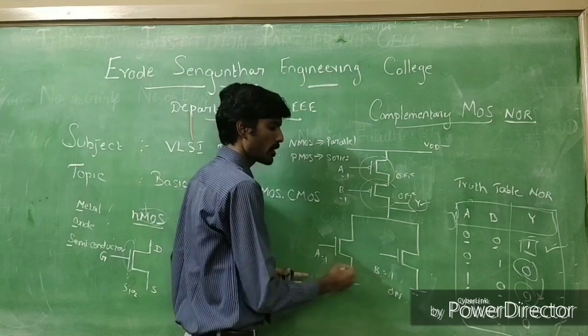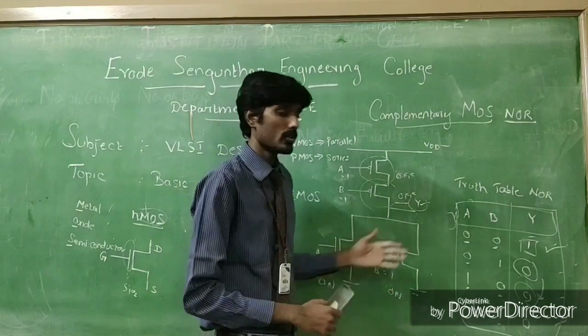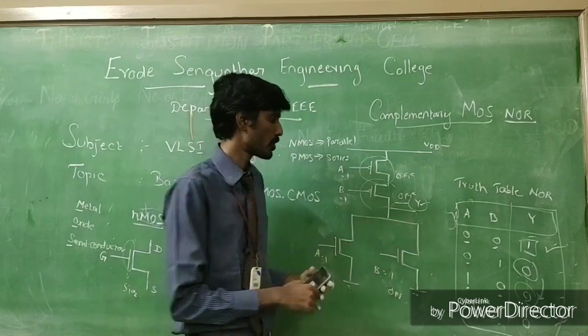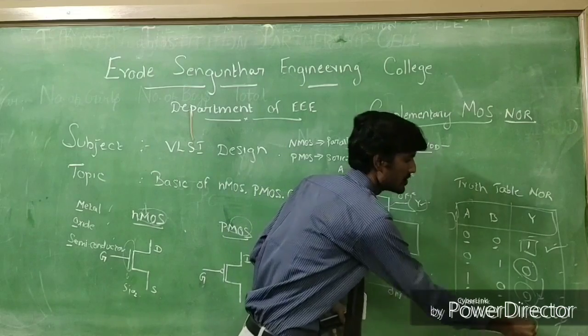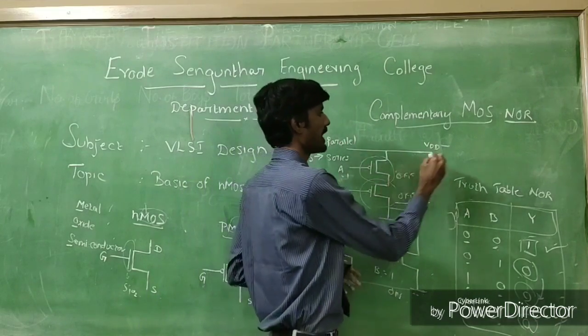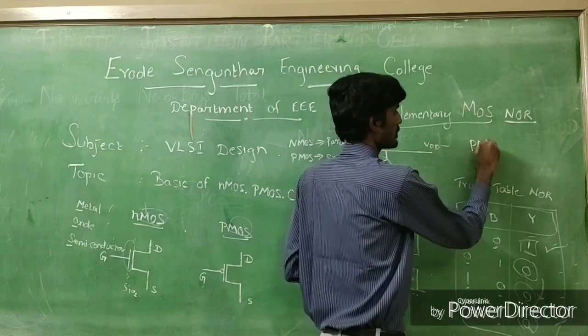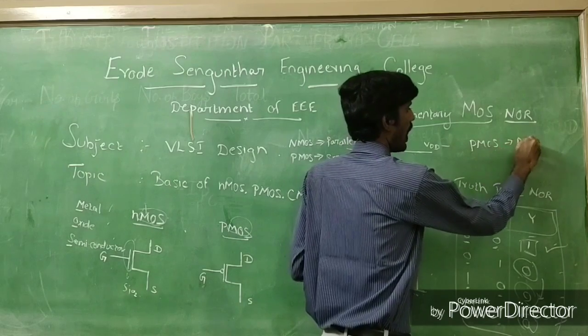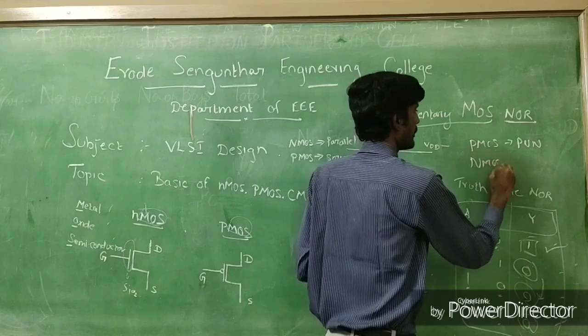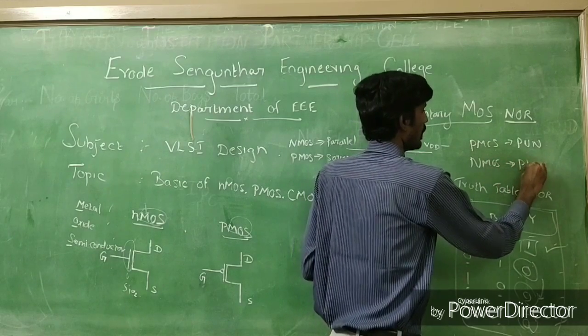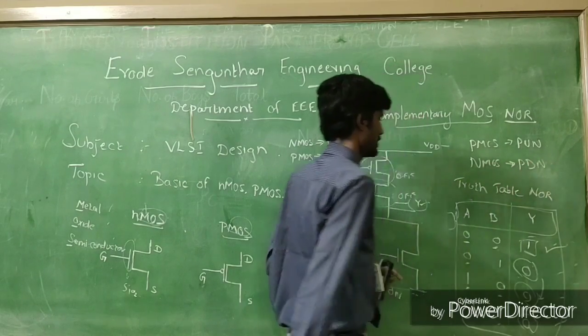Both the NMOS transistors will be on, so Y will be pulled down to the ground. So we get 0. Normally PMOS we call the pull up network or device, and NMOS we call the pull down network or device.